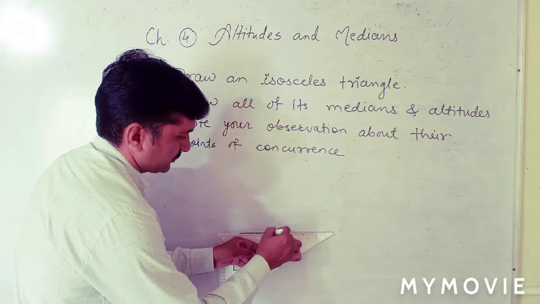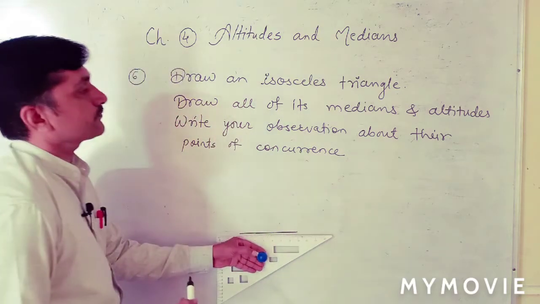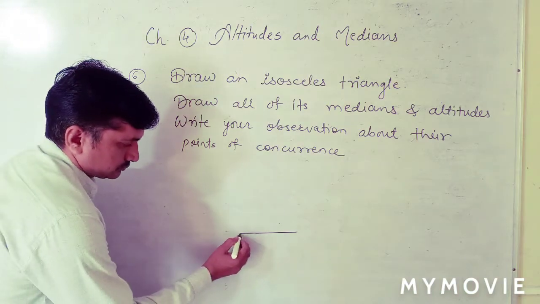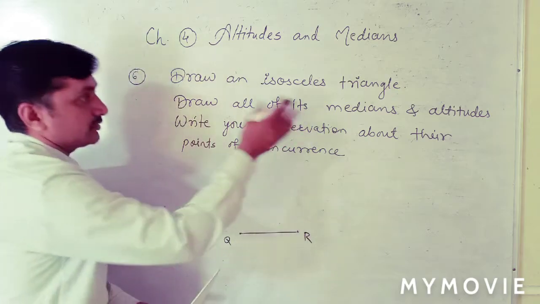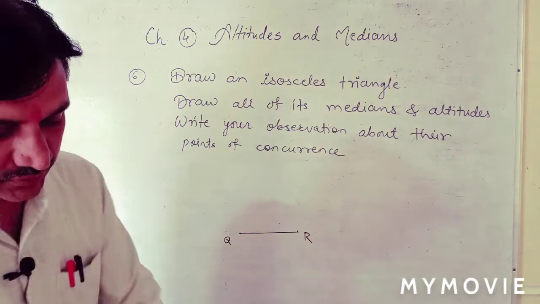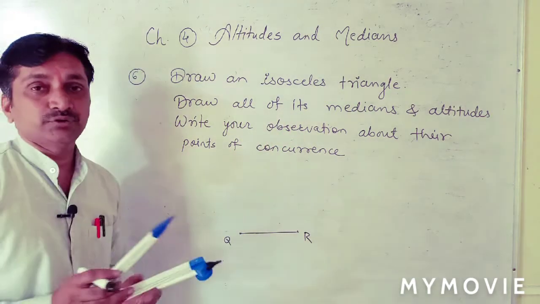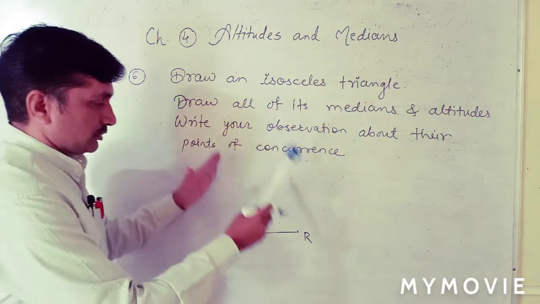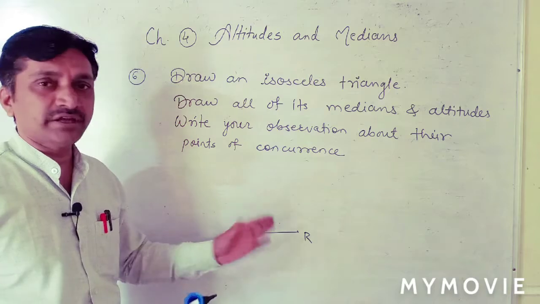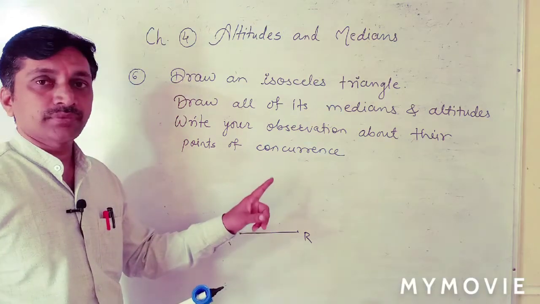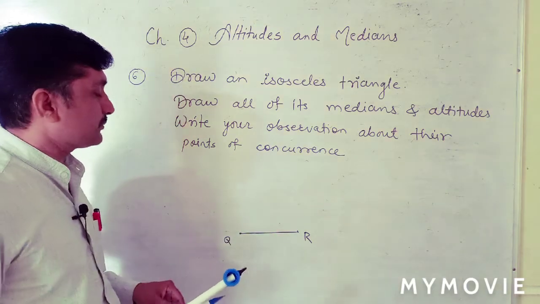The base we can take of any length. I give it the name QR because in the example it is not given. And now as we want an isosceles triangle, the remaining two sides should be of equal length.